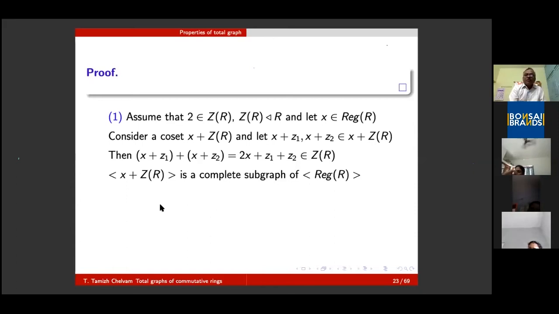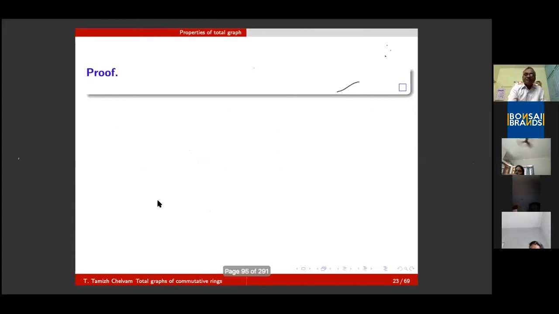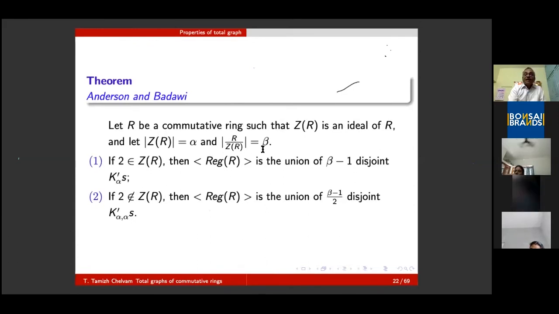Okay, this is a fact for one coset. Similar for all other cosets. Ultimately, how many such complete subgraphs will be there? Please look into that. How many cosets are we having? By this assumption, we are having beta cosets, out of which one coset is Z of R, that is not taken because the subgraph induced is complete already.